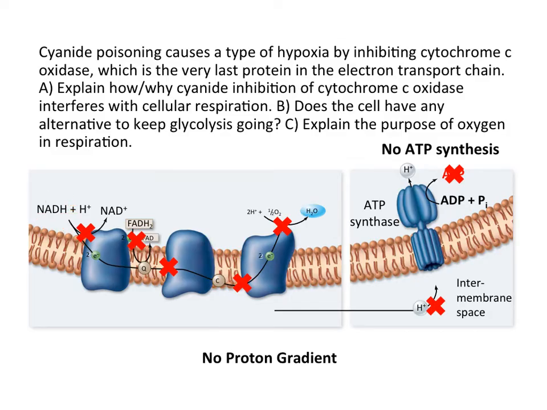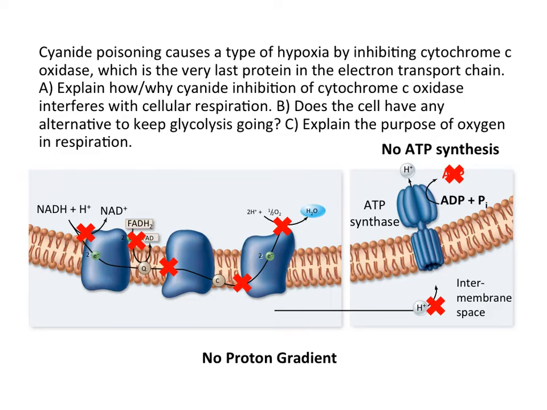So if the electron transport chain is backed up, then there is no point in producing any more NADH, and the Krebs cycle will stop, because the Krebs cycle is the one that produces most of the NADH, and it needs NAD+ in order to produce NADH. So it will run out of NAD+ and the Krebs cycle will stop.